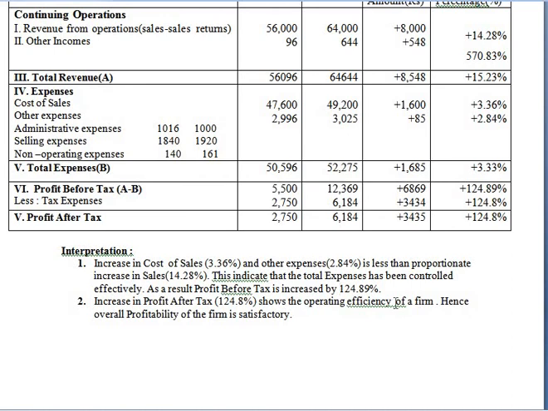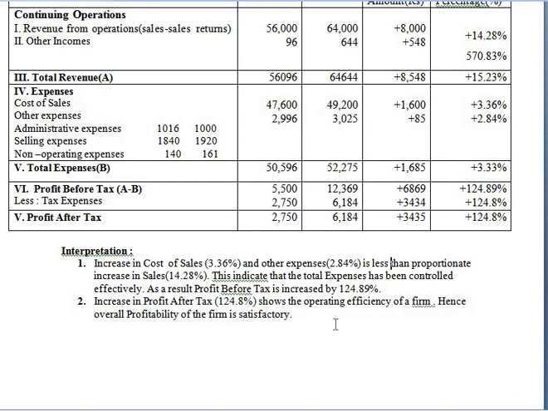Okay, and because the profit after tax is increased, it shows the operating efficiency of a firm, therefore the overall profitability position of the firm is satisfactory.